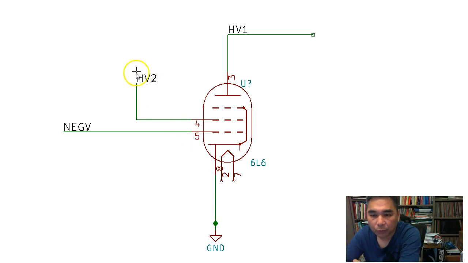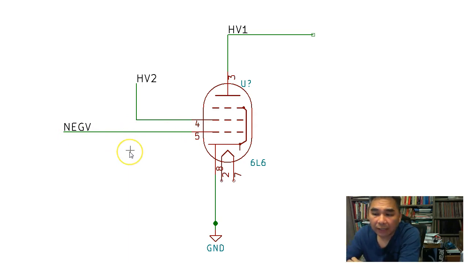Under pentode connection, we send a fixed voltage to HV2, to the screen electrode. Let's say we can put 250 volts on it, and the control grid, the grid electrode, will be sent a different voltage from negative. So this is a signal, a sweep source, in other words.